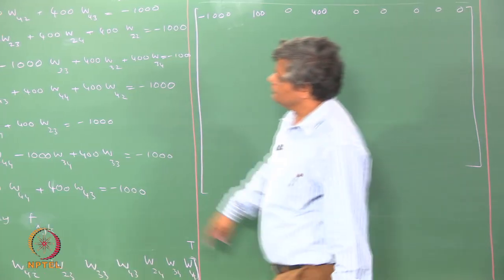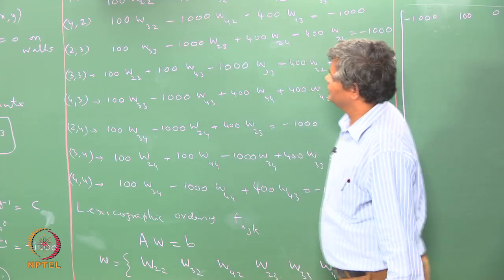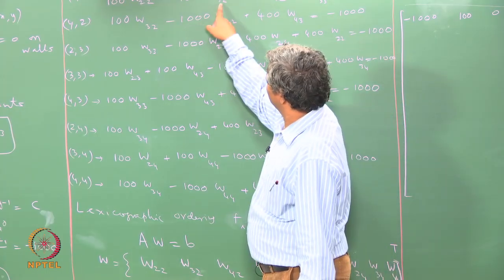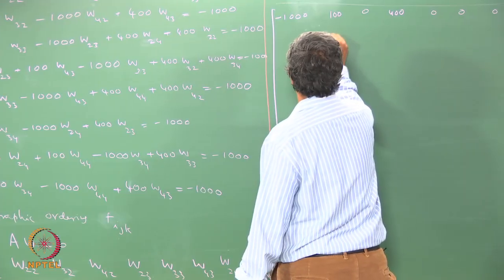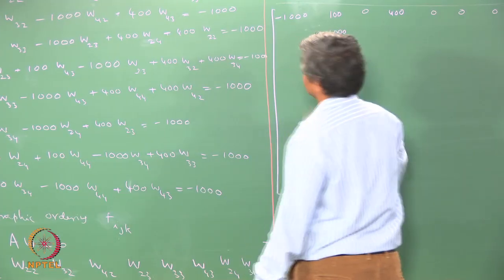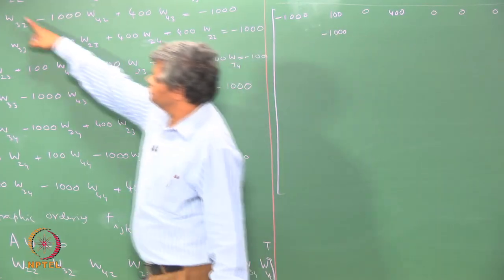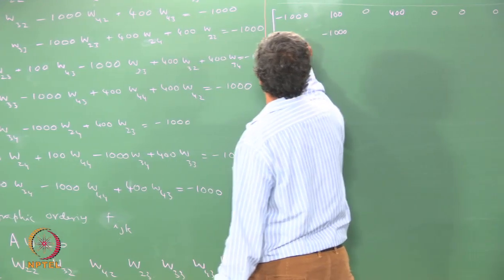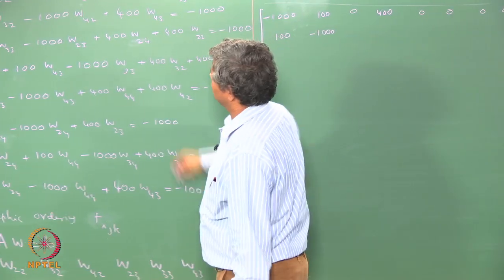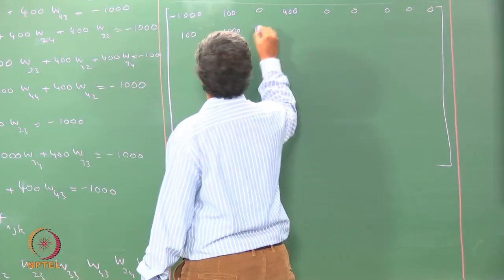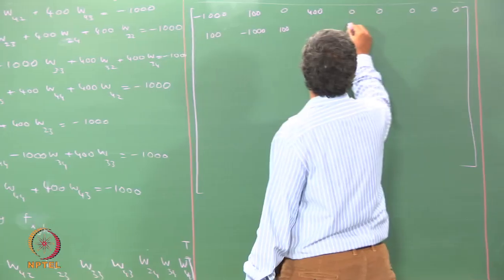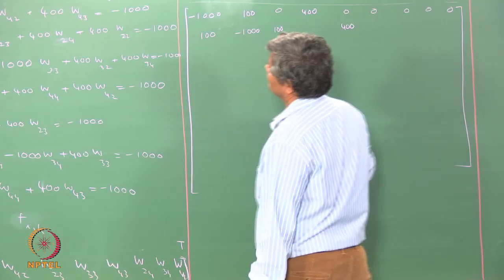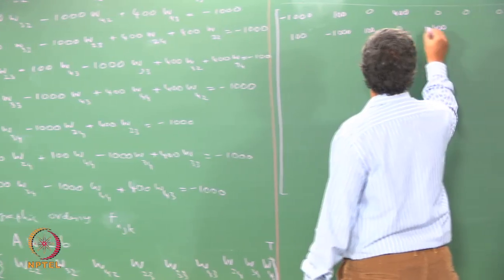Now, you come to this equation here, and W32 is minus 1000, W22 is 100, W42 is 100, W33 is 400, and all the others are 0.